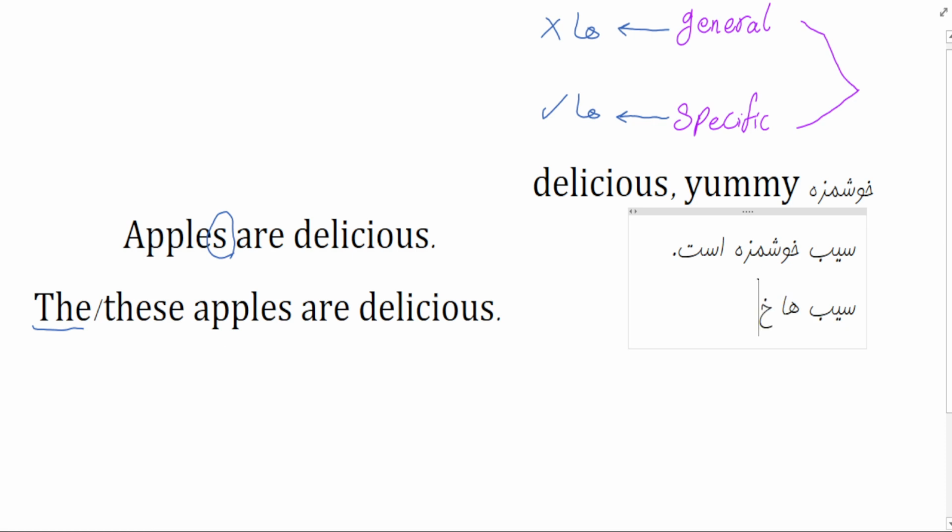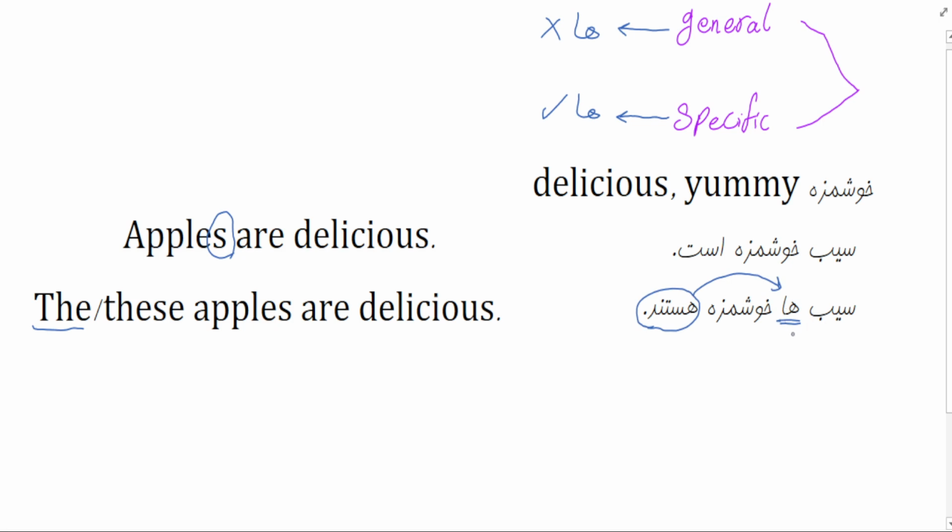When I say سیب‌ها, it sounds like I'm meaning some special apples. Now you are talking about numbers, a group of specific apples, and therefore please pay attention to the agreement of the verb with the noun, because the noun is plural.